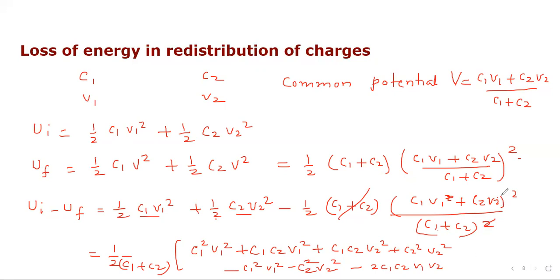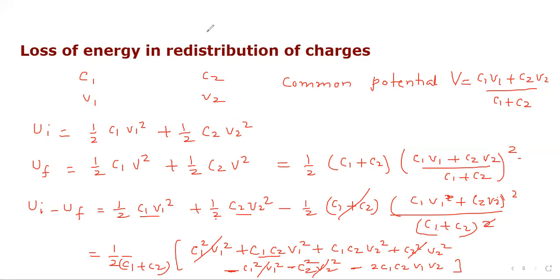Here we have applied the formula (A plus B) whole square, and because of this minus sign, these are written as minus. Now this C1 square V1 square and C1 square V1 square will cancel out. Similarly, C2 square V2 square and C2 square V2 square will cancel out. Now we are left with C1 C2 V1 square plus C1 C2 V2 square minus twice C1 C2 V1 V2.